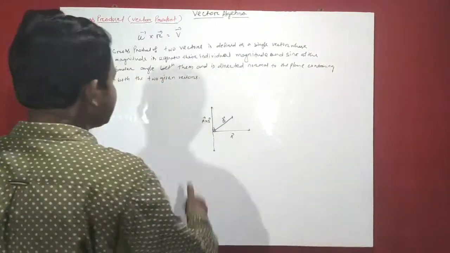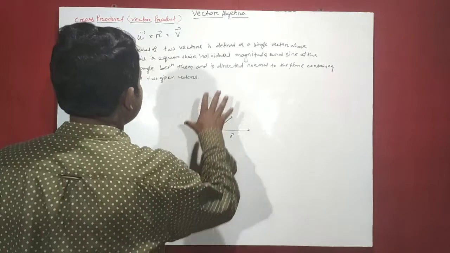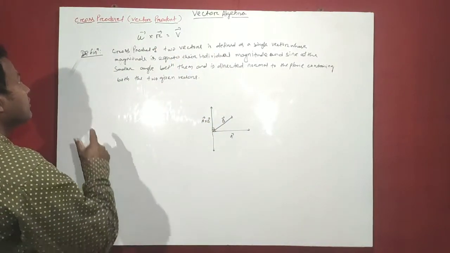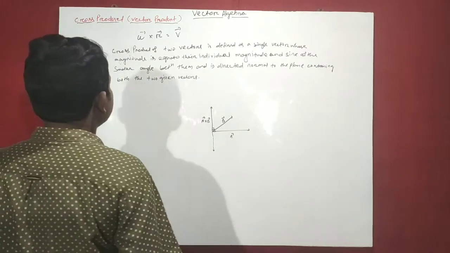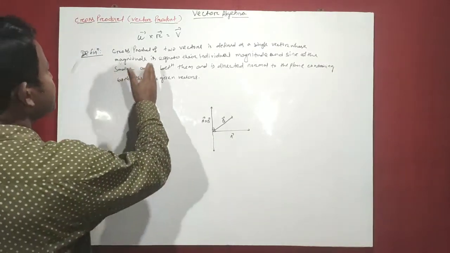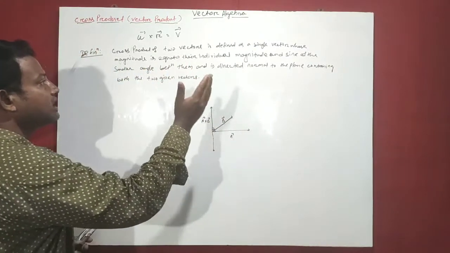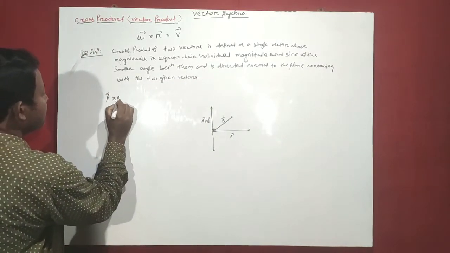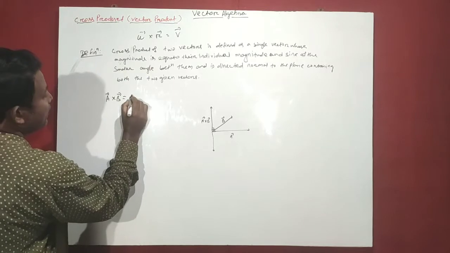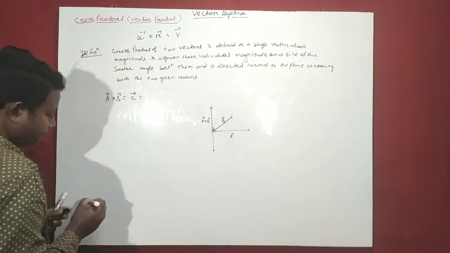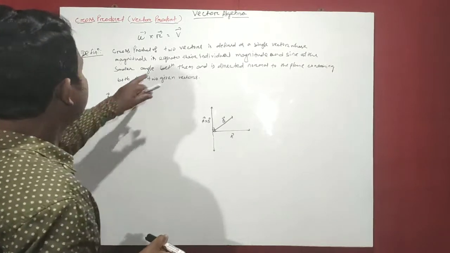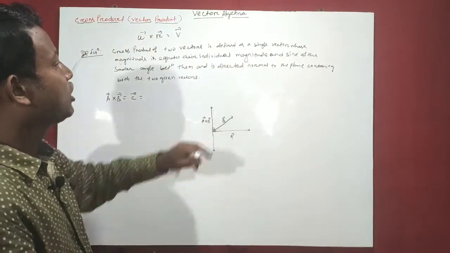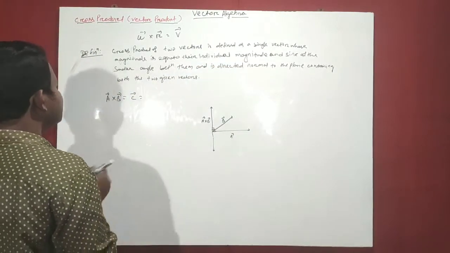Let's write the mathematical expression of this definition of cross product. What it said, the cross product of two vectors is defined as a single vector. That means let A cross B be equal to another vector C. Then the magnitude of the C vector will be their individual magnitudes.